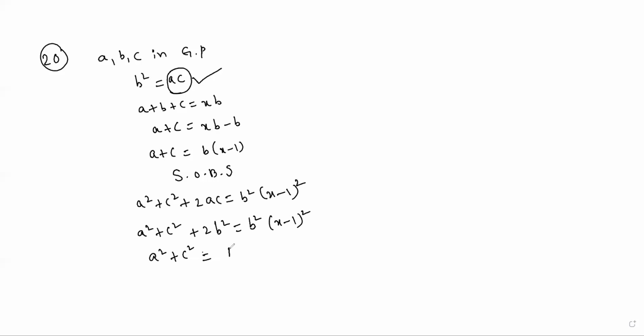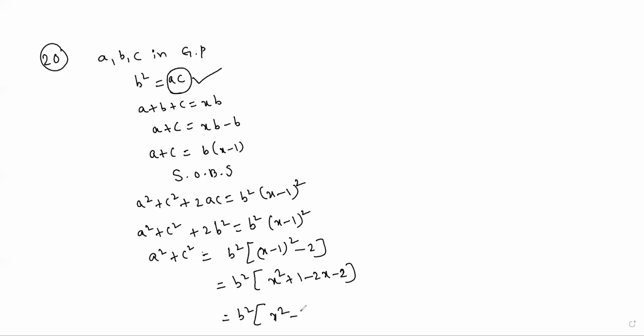Now if you send this to the right side, what will you get? By taking B square common, X minus 1 whole square minus 2. If you simplify this, B square into X square plus 1 minus 2X minus 2. Now in this, B square into this becomes X square minus 2X minus 1.